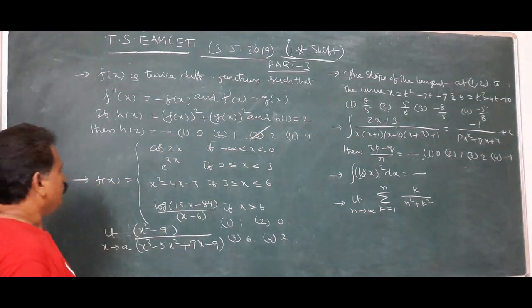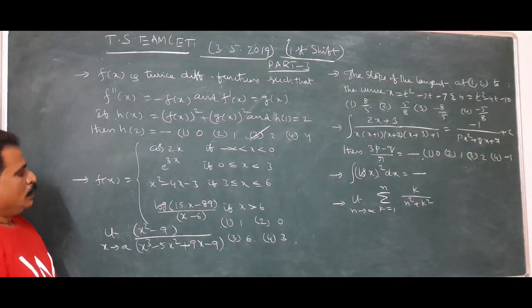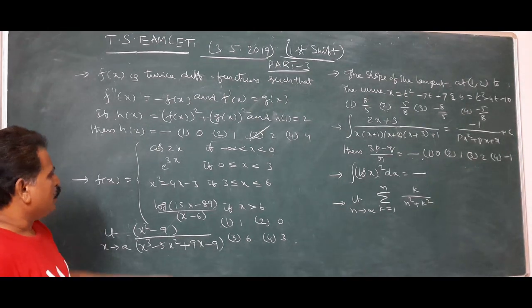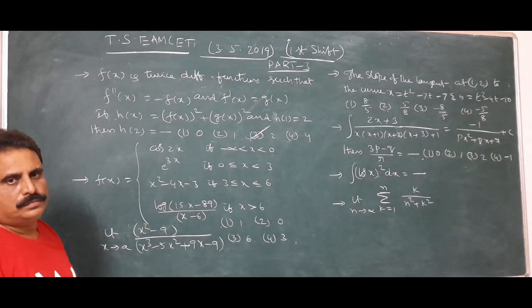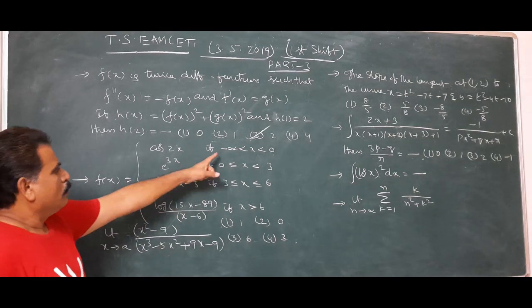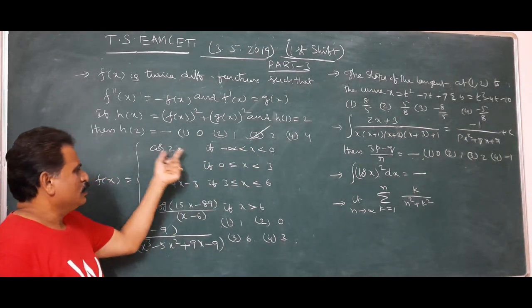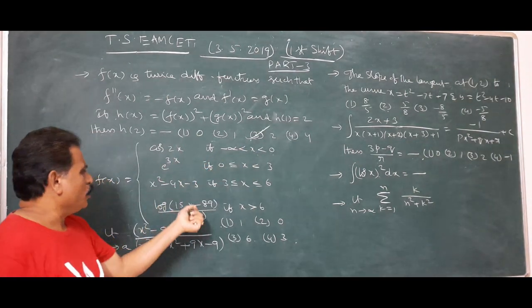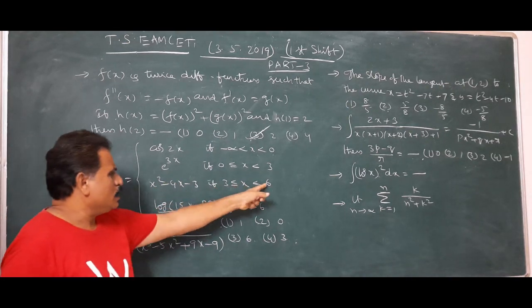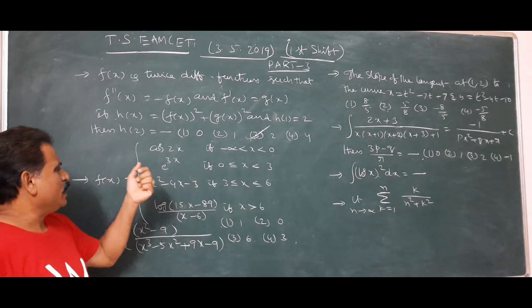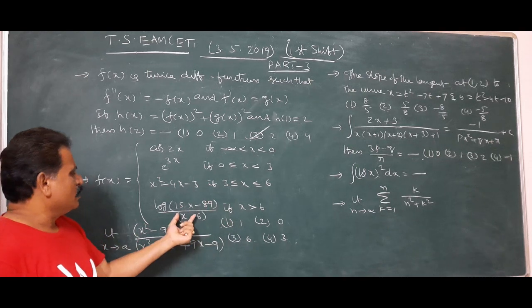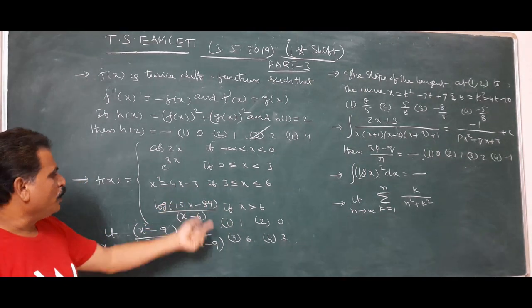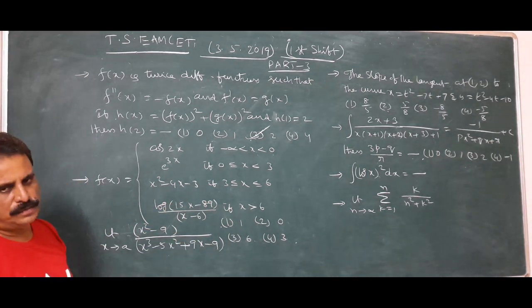Okay. Next question. f(x) is a piecewise function defined in 4 pieces: minus infinity to 0, cos x; 0 to 3, e^(3x); 3 to 6, x² minus 4x minus 3; x greater than 6, log of (15x minus 89) by (x minus 6).